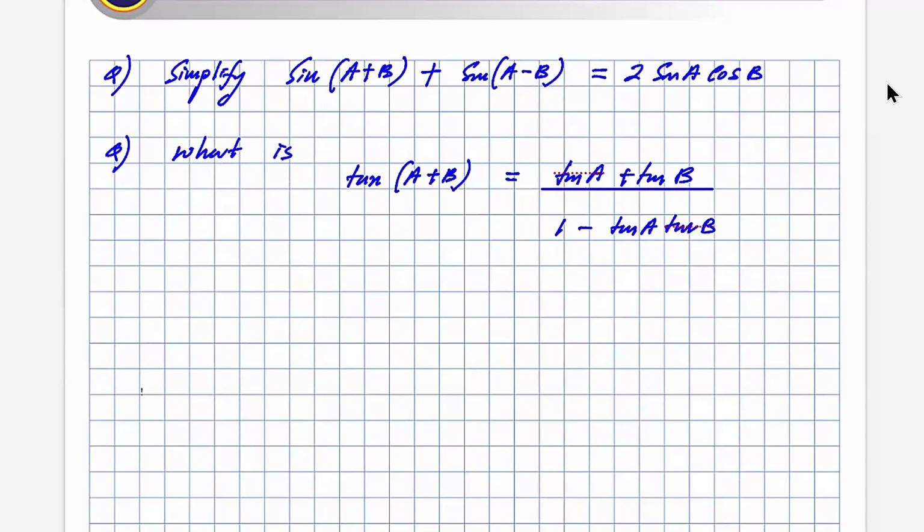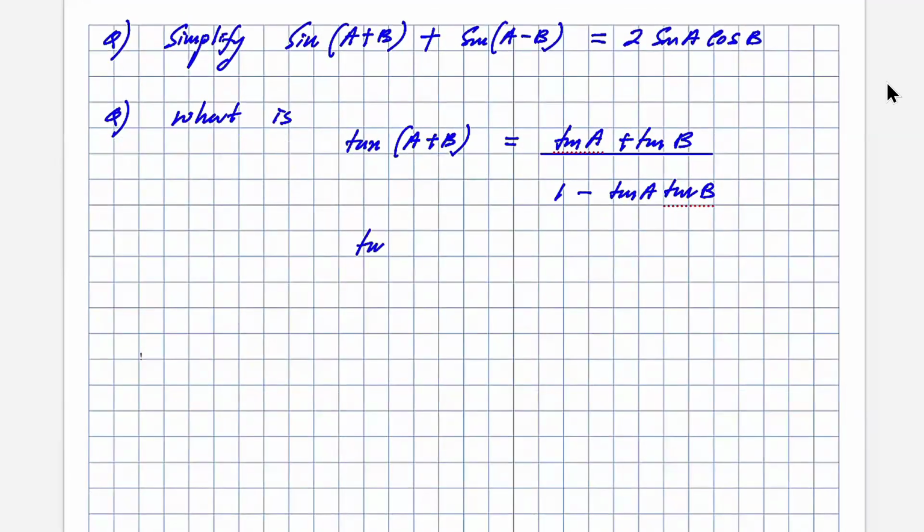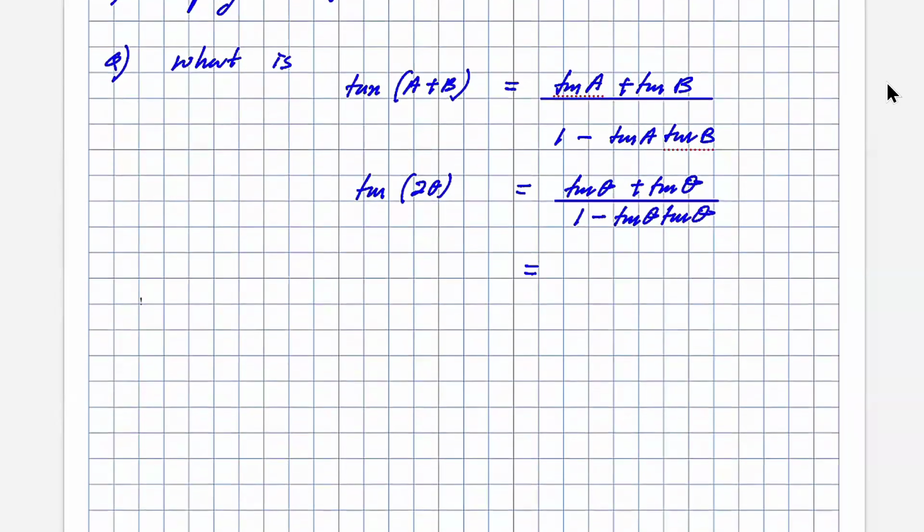Okay, Praveen. So now with this, you have to remember this. When you have tan 2 theta, that means B becomes A, both the same. So it's going to be tan theta plus tan theta divided by 1 minus tan theta tan theta. You should be able to derive this.